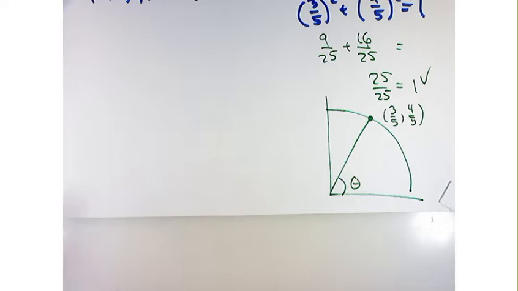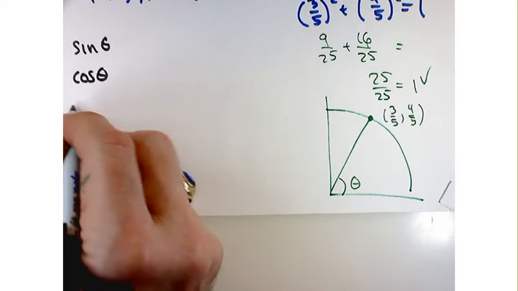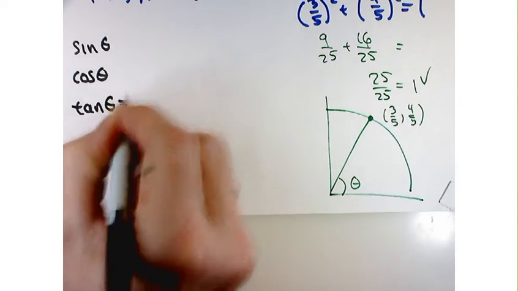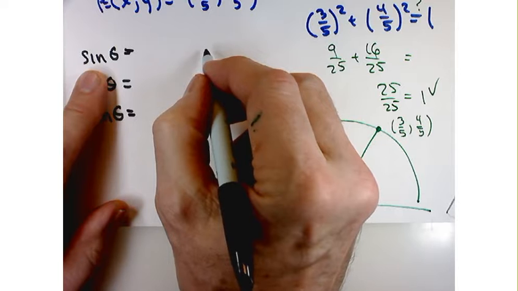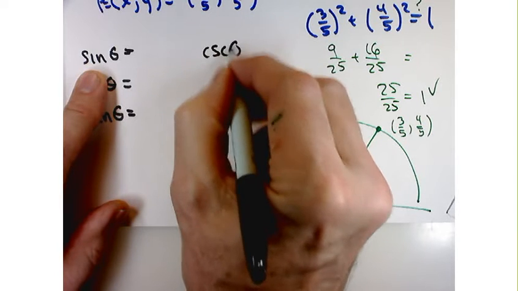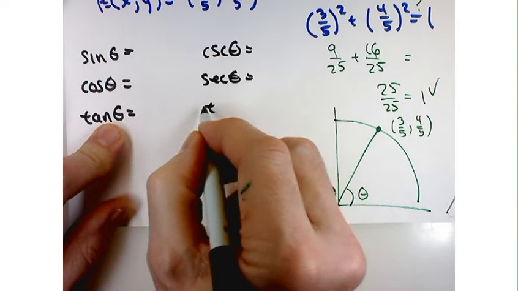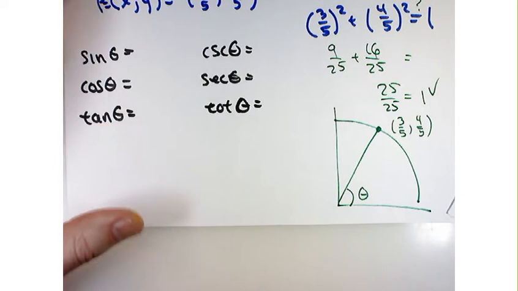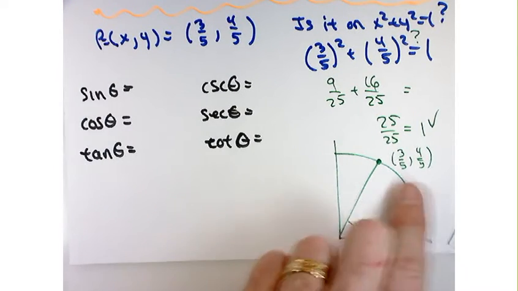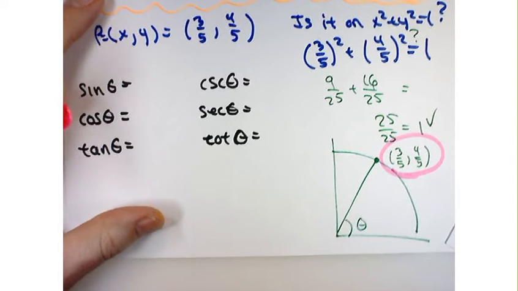I can find the sine of theta, the cosine of theta, and the tangent of theta. And I like to write these, and then opposite I like to write the reciprocal functions. So the reciprocal of sine is the cosecant of theta, and the secant of theta, and the cotangent of theta. So we're working with this point over here. 3/5 and 4/5.